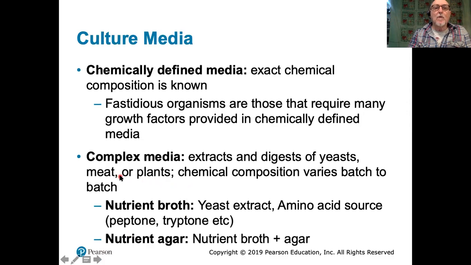Much more commonly, what we would do would be to use complex media. And complex media, really, we know what's in them, obviously, because we make them. But we can't say specifically. I can't tell you there is this molarity of glycine, an amino acid.